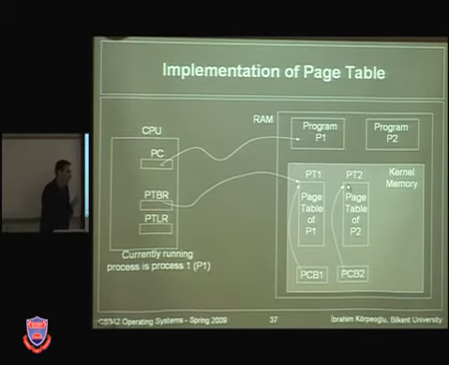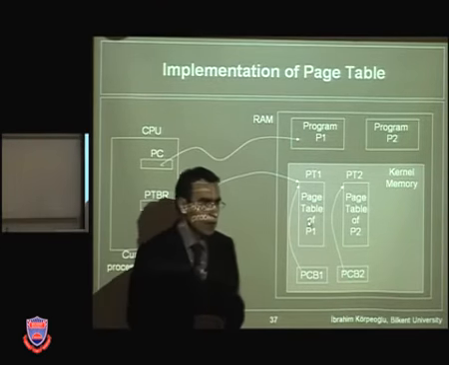So the context switch will include the loading of that register as well, so that the pointer now points to the page table of the second process that will be running in the CPU. This is what's happening while we context switch the CPU between processes. You have to change the page table that the hardware is using. While the second process is executing, the hardware will use that page table to do the translation for that process. Previously, it was using the page table to do the address translation for the previous process.